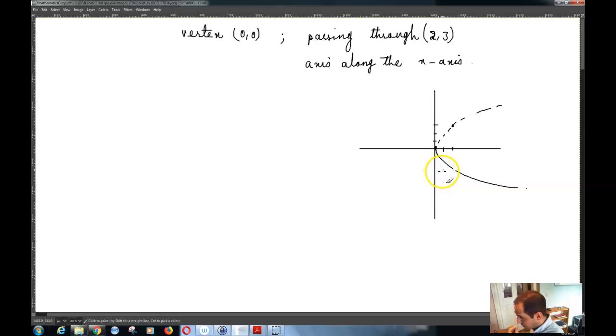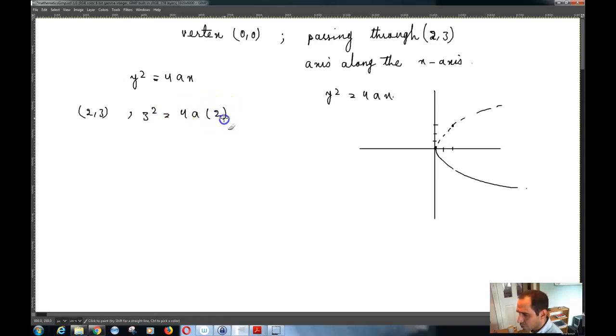Now you need to calculate your a. You don't know what your a is, but the general equation for this would be y squared is equal to 4ax, right? So now, since the parabola goes through this point 2, 3, you can say 3 squared is equal to 4 times a times 2. So 9 is equal to 8a.